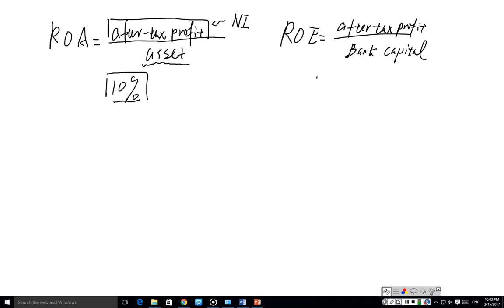But if you calculate ROE, suppose you get 10%, then what's the meaning? Remember, the denominator in the ROE is bank capital. It's equity. You have to remember equity represents the money from the shareholders.